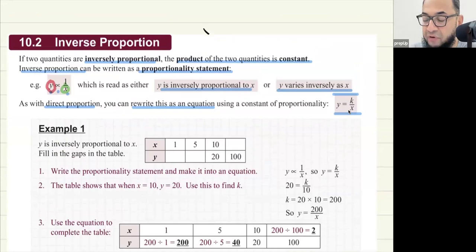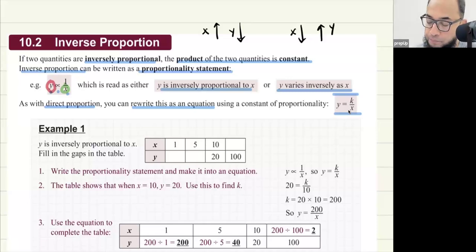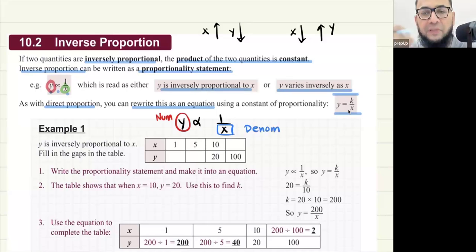And one more thing: x increases, y decreases; x decreases, y increases. Also, if y is inversely proportional to x, one variable is in the numerator and the other is in the denominator. And then again, we multiply with the constant of proportionality on the right hand side, and life is all good.